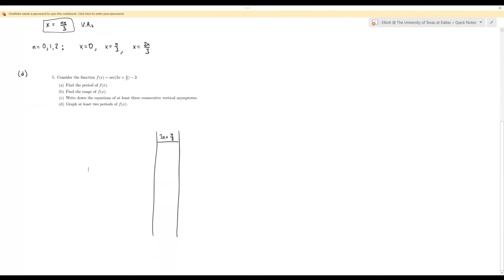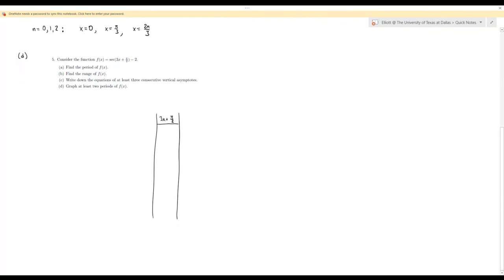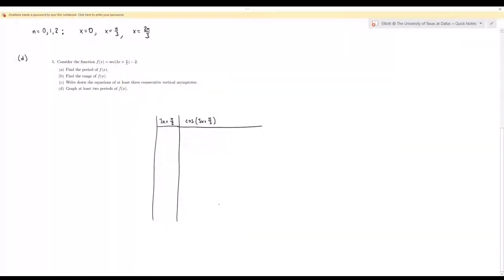So I'm graphing this function. Here I started with what was inside of the secant function. Now for me, I'm more familiar with sine and cosine than the other trig functions, so I like to do an intermediate step before I go to secant, which is to look at cosine first, because I know that secant is 1 over cosine.